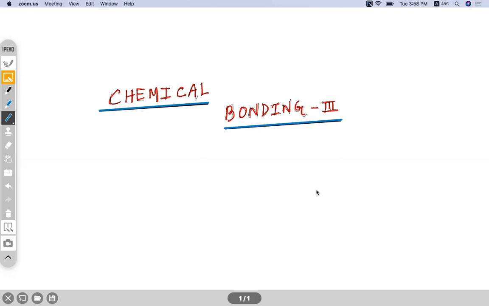Till chemical bonding, is it? States of matter is there. Atomic structure. Thermodynamics is also there. Got it.